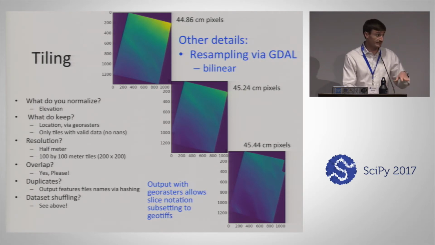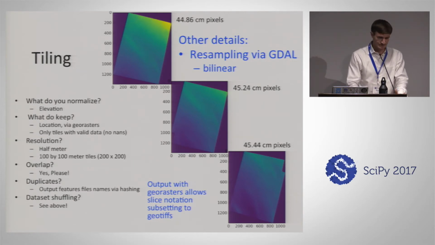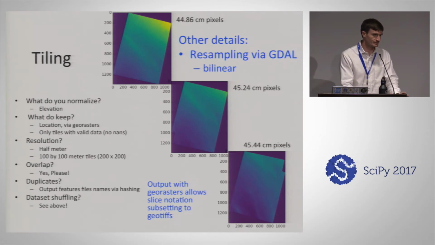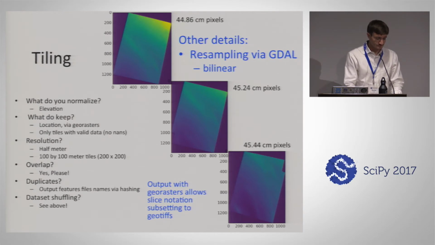So for me, I immediately normalized all this so that all my tiles would be 0 elevation, and then I also tiled these into smaller geotiffs. I use GDAL to go through and do bilinear interpolation. They have really nice, fast libraries for doing this. And then there's a smaller library called georasters that lets you do slicing on an existing geotiff, and the output will be a geotiff.